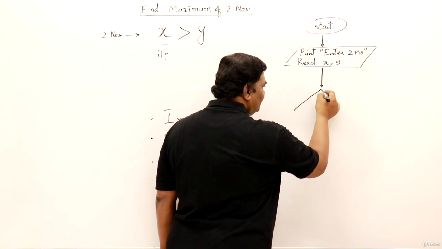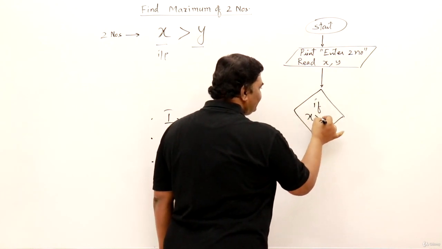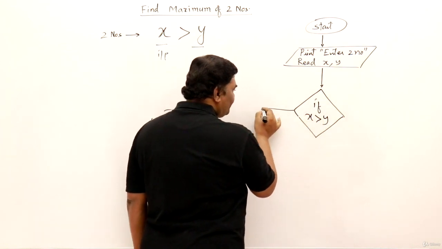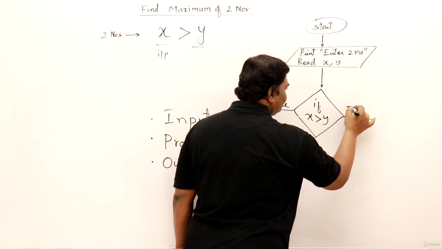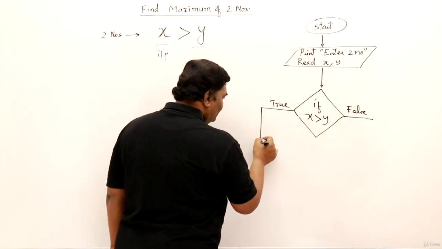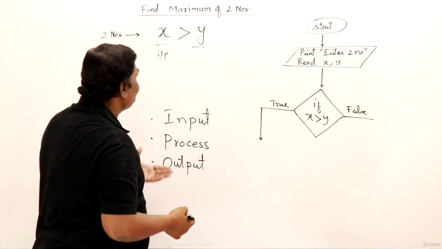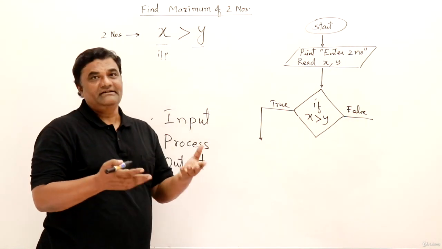So the condition block here, if, what is the condition? X is greater than y. If true, I will take this direction, and if false, I will take this direction. Right? So you can take any direction. So here true. If it is true, then what we have to do? Here simply we will display the greater number. So who is greater? If x is greater, then x is greater.